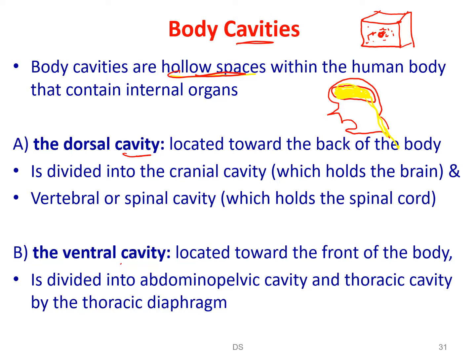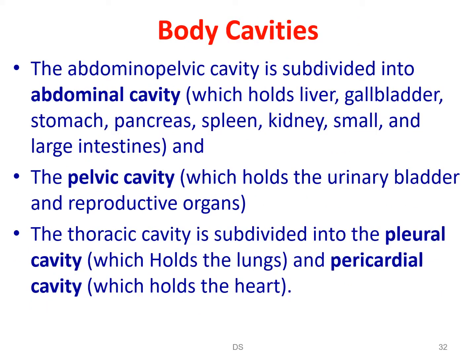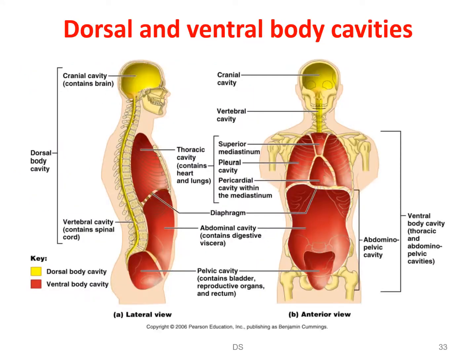There are basically two cavities within our body, the dorsal and the ventral cavity. Let us see the dorsal cavity. They are located towards the back, or towards what we call posterior.